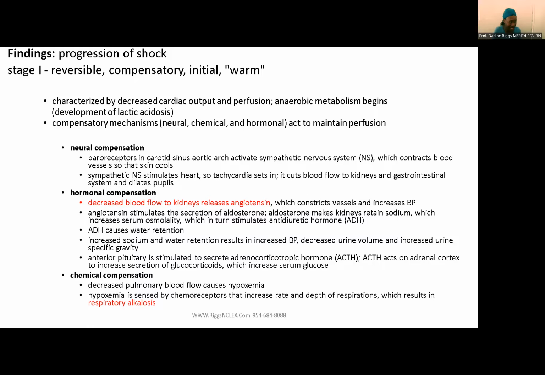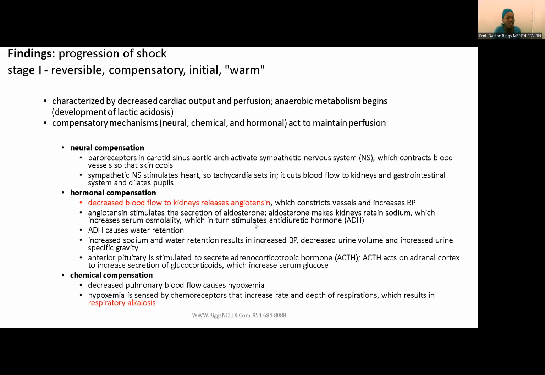Okay, so hormonally, you're going to be releasing angiotensin, which is going to help your blood pressure go up, because the problem is your blood pressure is going down. Angiotensin is going to stimulate aldosterone. Aldosterone is going to make the kidneys retain sodium, which increases serum osmolality, right?